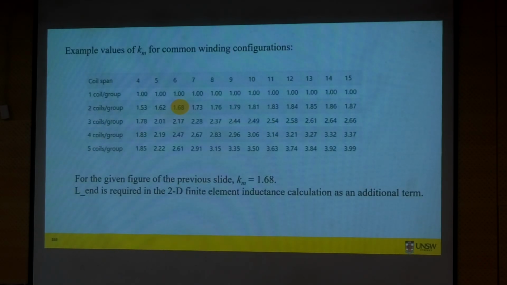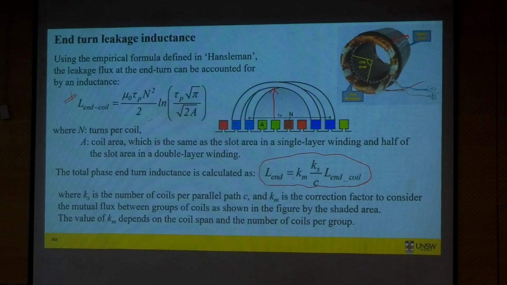When they calculate this end turn inductance, they ignore any mutual flux between two coils sitting next to each other. That mutual inductance component can be taken care of by a factor. Again, it's an empirical factor.